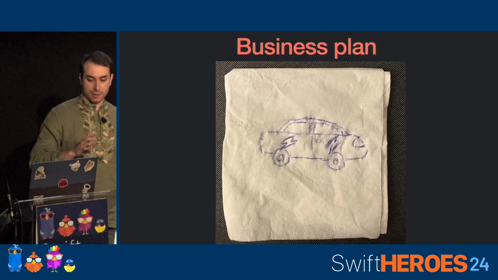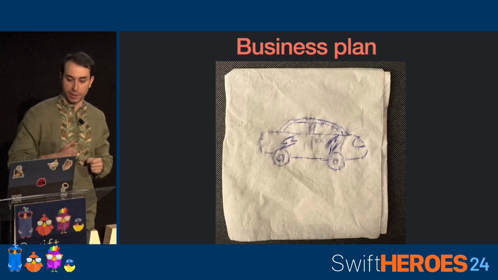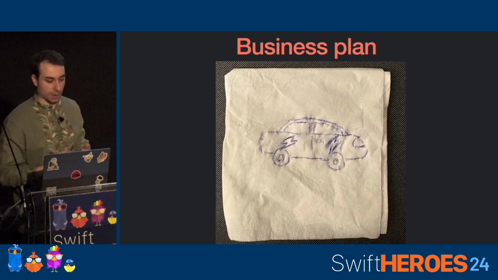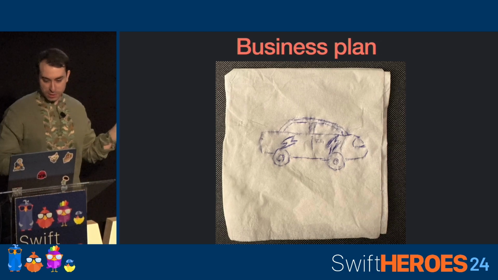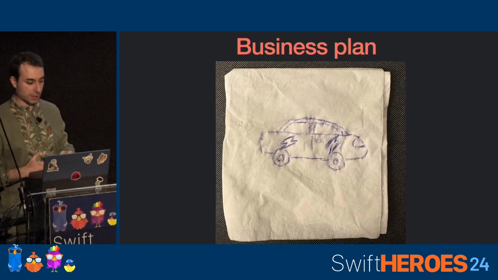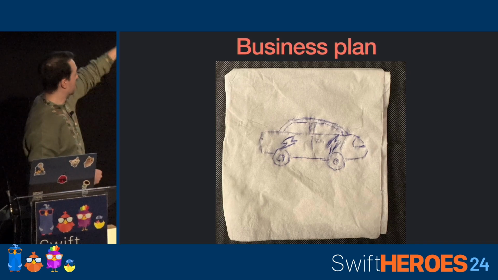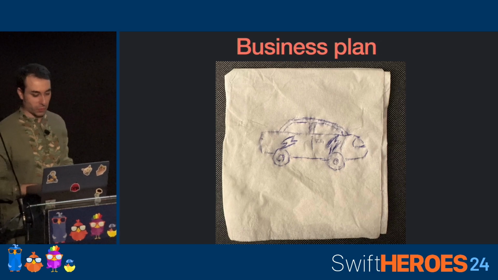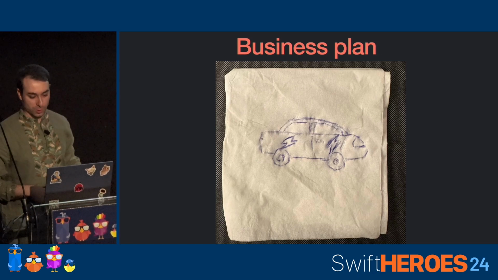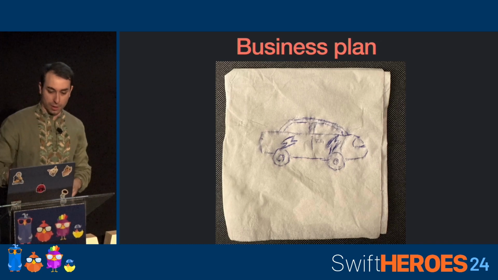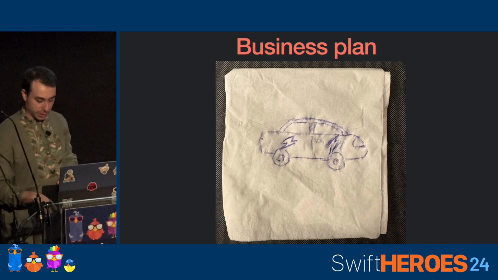Now, I think the best way to understand the idea is to look at a practical example. So I have a business plan. I want to build an electric car. And you can see that it is an electric car because there's electric bolts on the sides. And yeah, every business idea starts on a napkin.